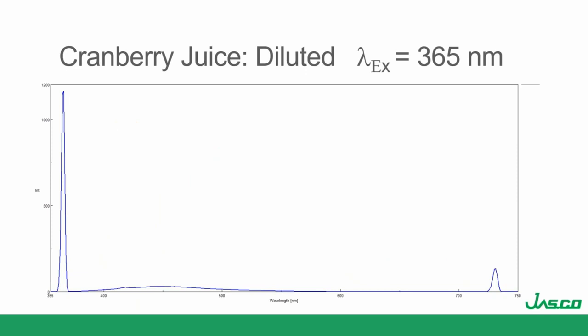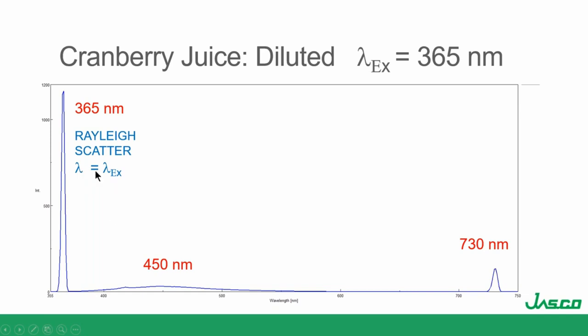So let's look at a real sample. I happen to have some cranberry juice available on this lockdown, so I created some spectra we can look at. This is diluted, and here you see an emission spectrum of fluorescence versus wavelength, exciting at 365. Several bands should stand out for you: 365, 730, 450. So what's going on at this big band?